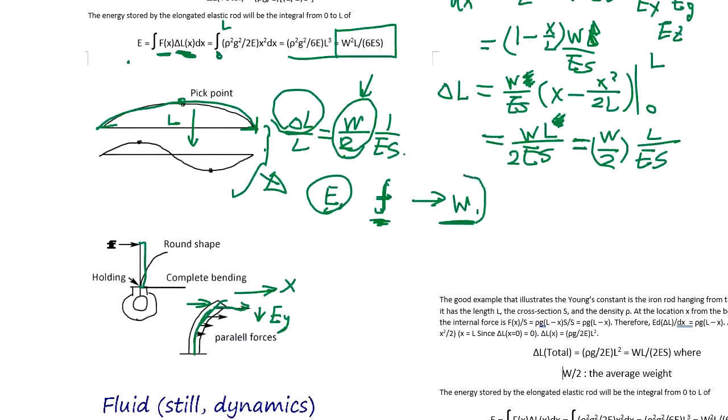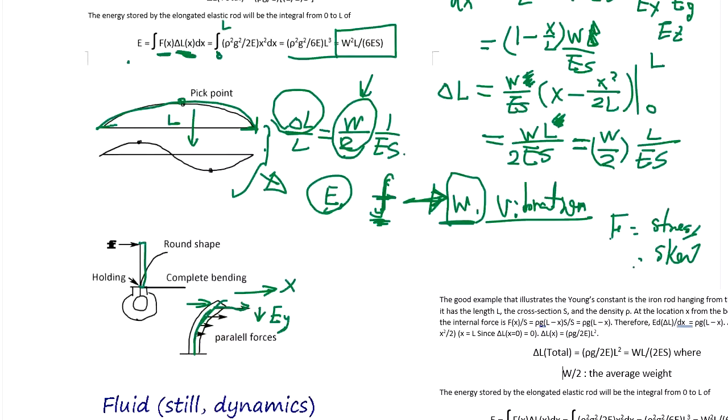So for elastic material, a lot of the applications are to find out the vibration. And vibration is based on the force, which is stress, versus strain, and what connects them is Young's constant.